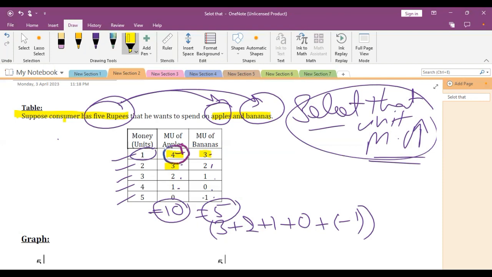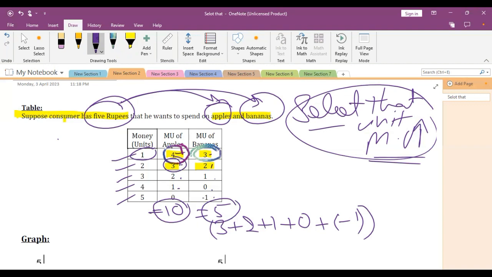Then he will try to consume this next rupee on the product that is not purchased yet. So he will consume bananas here. Then on the next level, apples give 3 level of marginal utility or satisfaction level and bananas give 2. So the consumer will select the maximum one, that is 3.